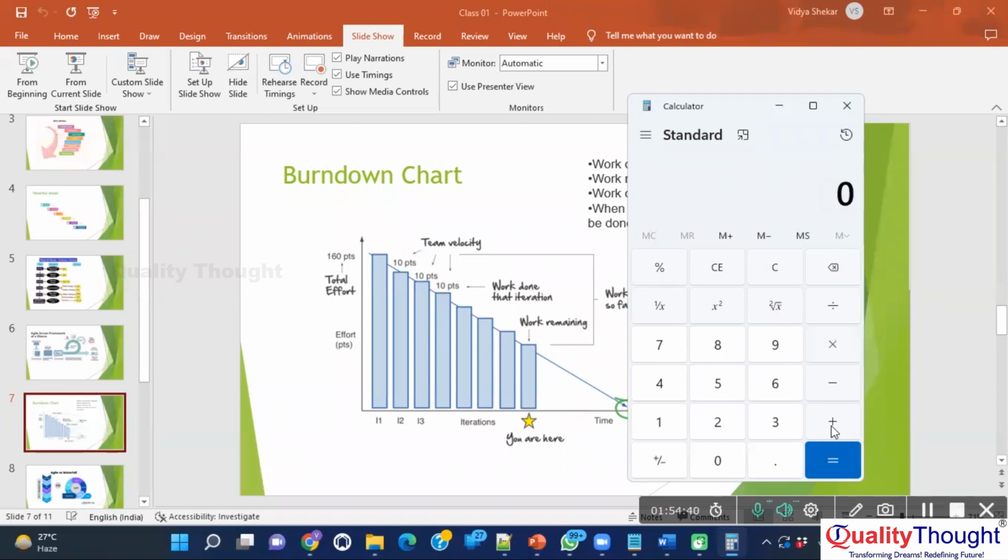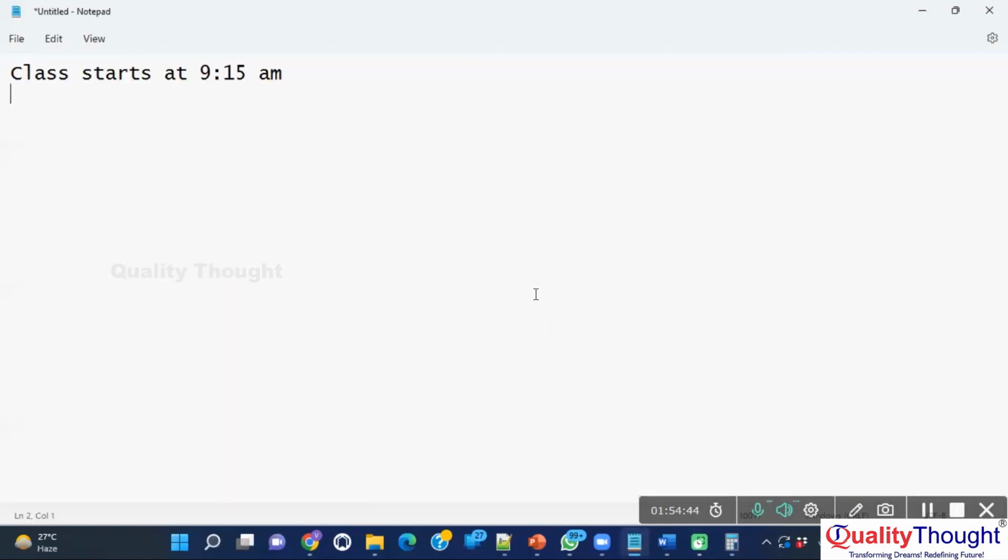For simplicity, I'll say 10 members are there. So how many story points can you develop in a day? 10 into 6 hours, that is 60 hours of work you have in a day. Your team has 60 hours of work, it's nothing but 10 story points.